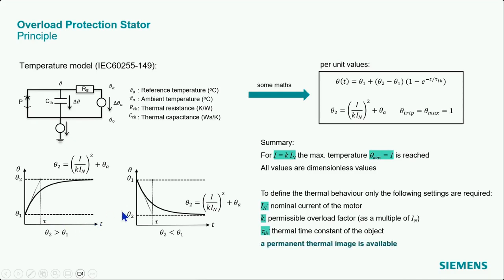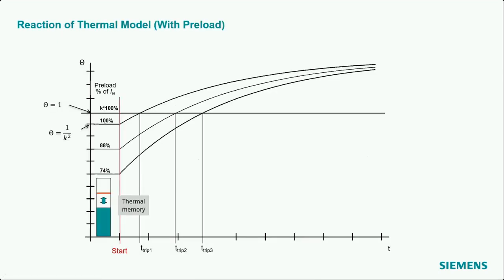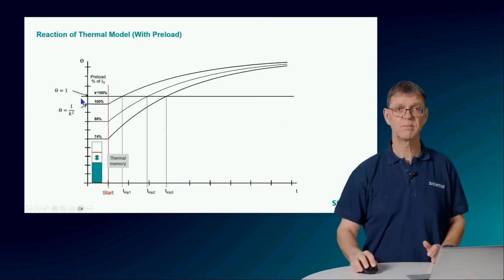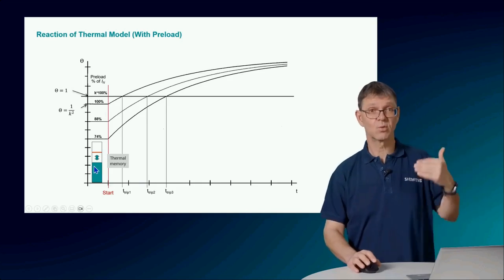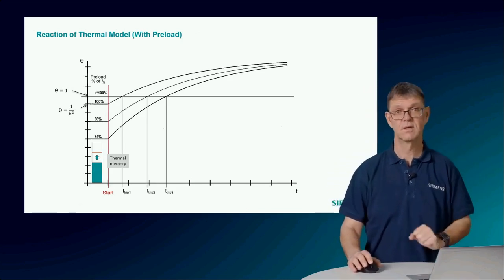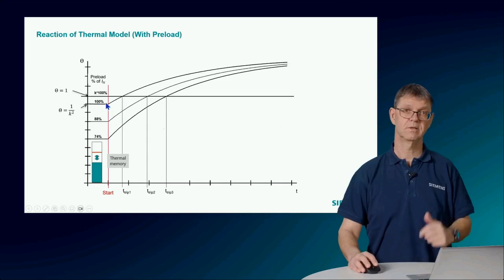Okay, we have a permanent thermal image here with this function. And the advantage here is knowing the starting point, if we have an excess current and therefore we will overshoot the maximum temperature. Knowing the starting point, calculating this all the time, tracing the currents, we can react in a proper way.